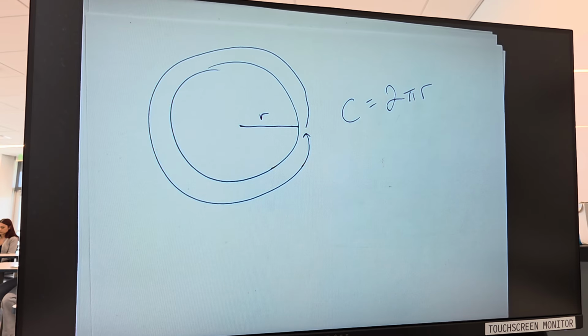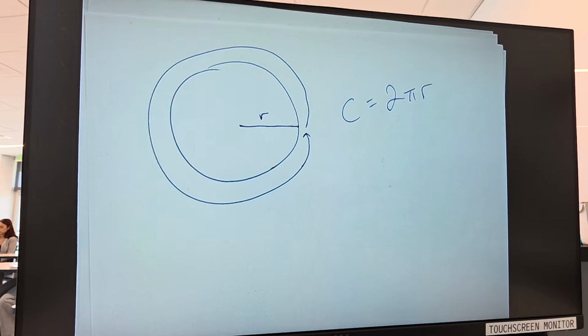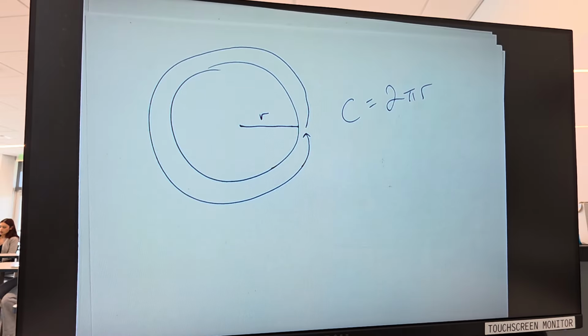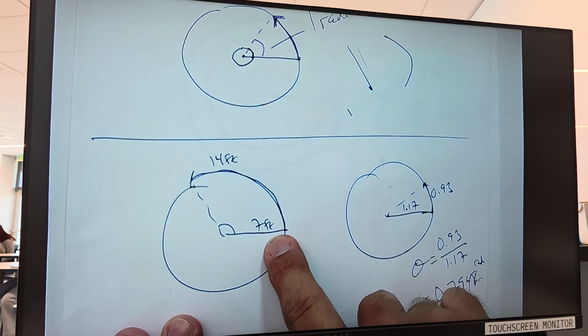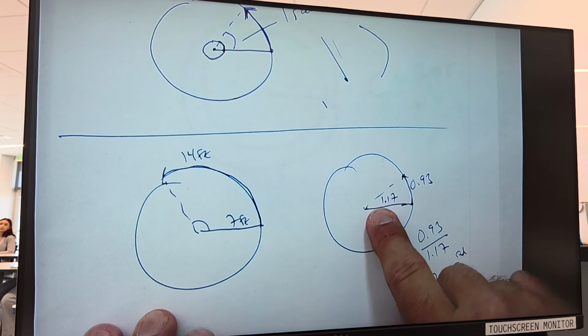Now, if I walk around this circle, how far have I gone? 2 pi r. And how do I figure out how many degrees, how many radians I just went? What did we do here? I took how far I went divided by the radius.